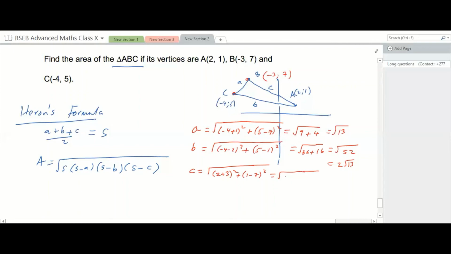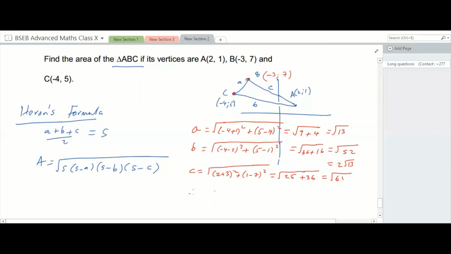All right, so what we have here is 25 plus 36, which is equal to square root of 61. 25 plus 36 is equal to square root of 61.